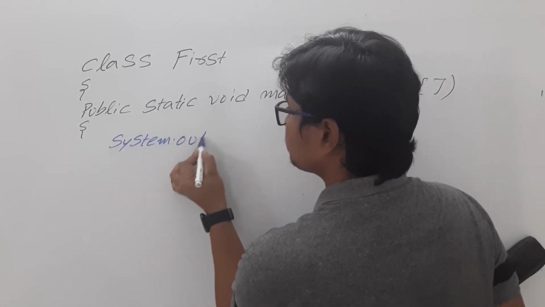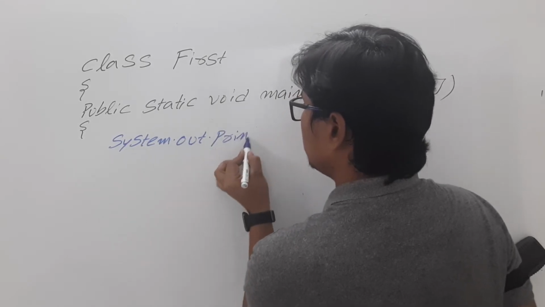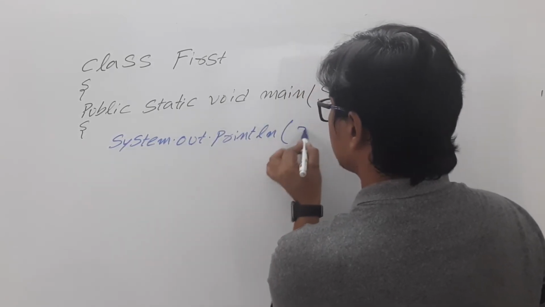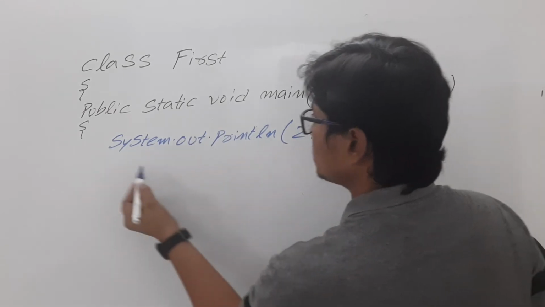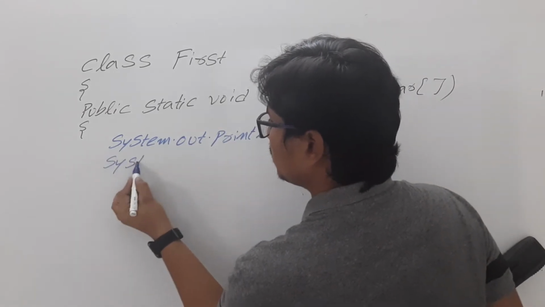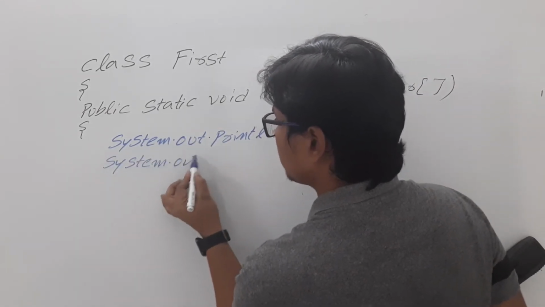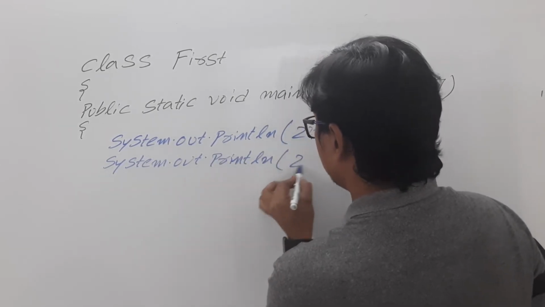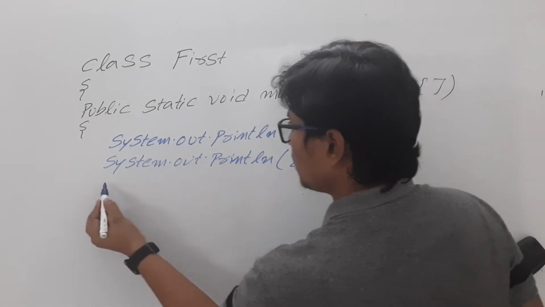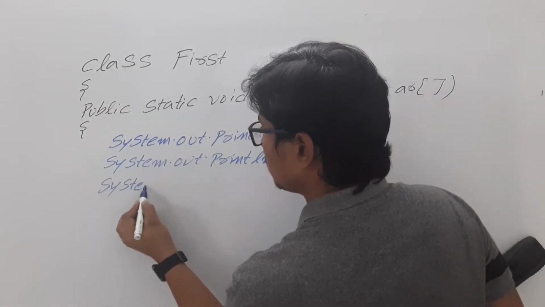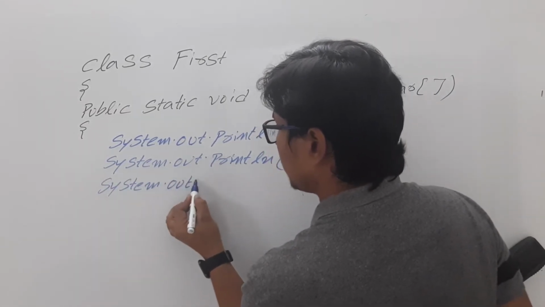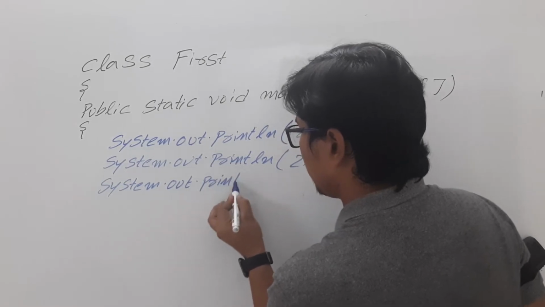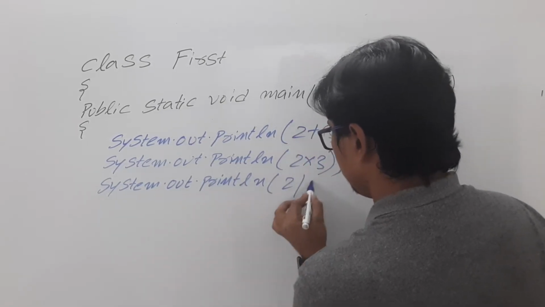Now what I am doing here is System.out.println, writing 2 plus 3. Similarly, System.out.println, and then I am writing 2 into 3. Similarly, System.out.println, I am writing 2 divided by 0.